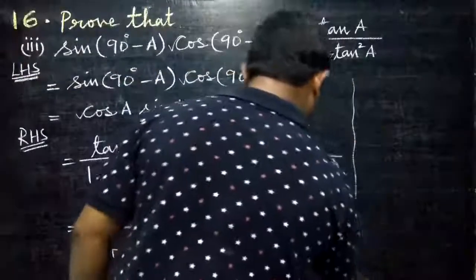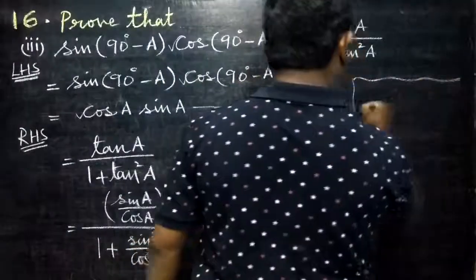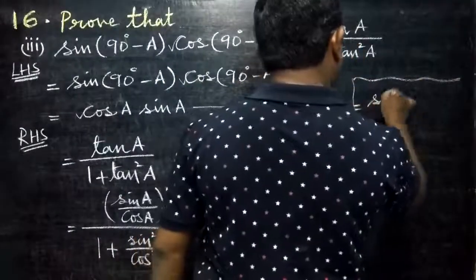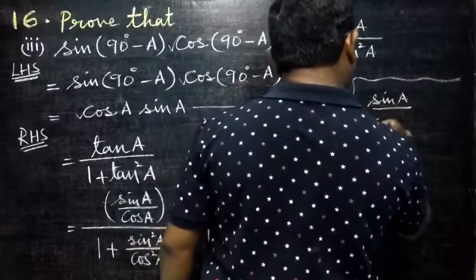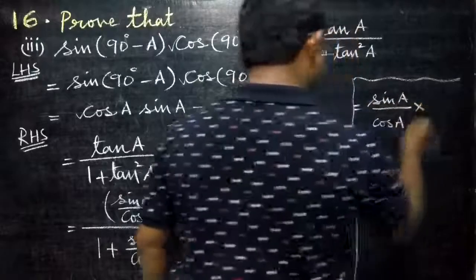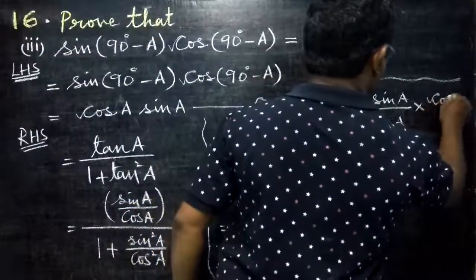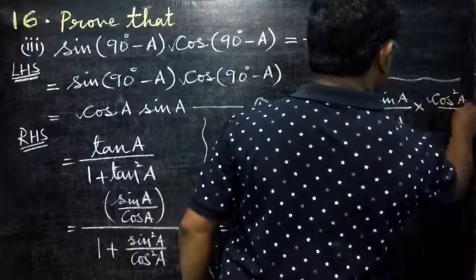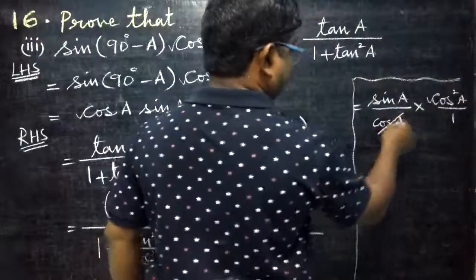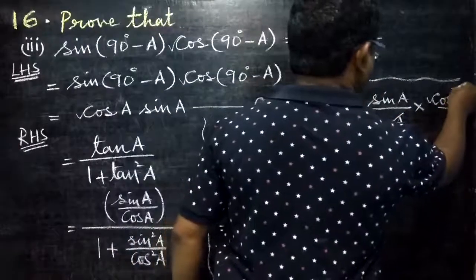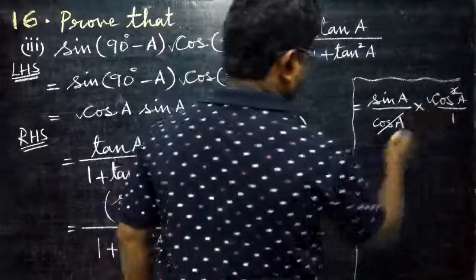Now simplify. Reciprocal: sin A by cos A as it is. Whenever a fraction is there in the denominator, it becomes its reciprocal, cos square A by 1. Now one cos gets cancelled because square is there. We can cancel, and one more cos will be there.